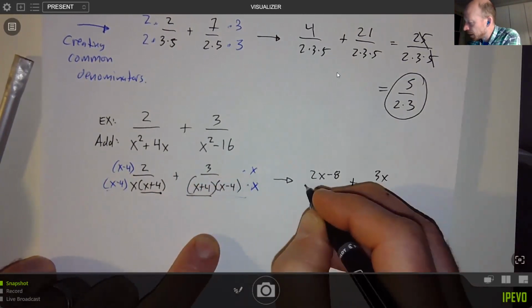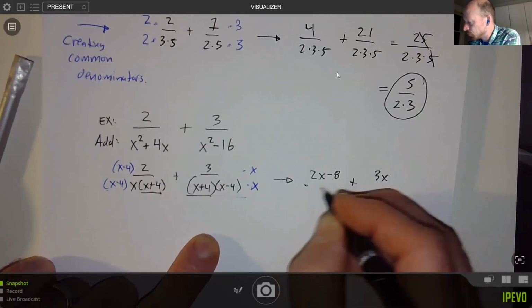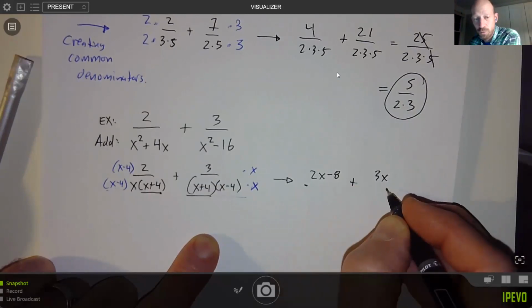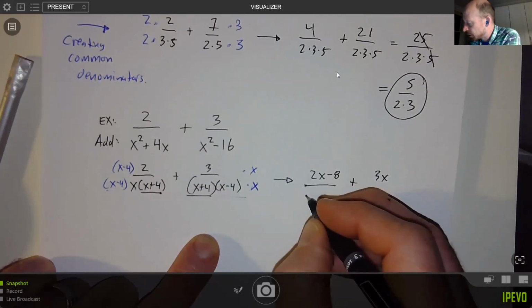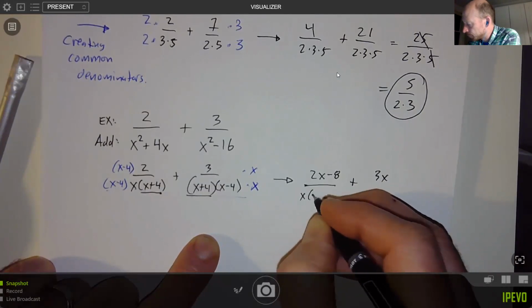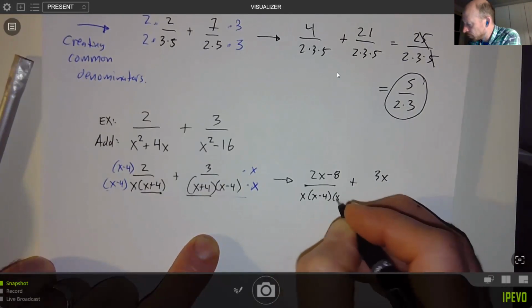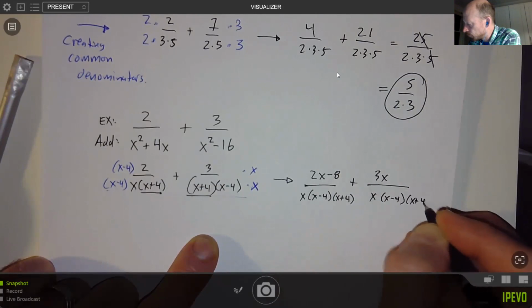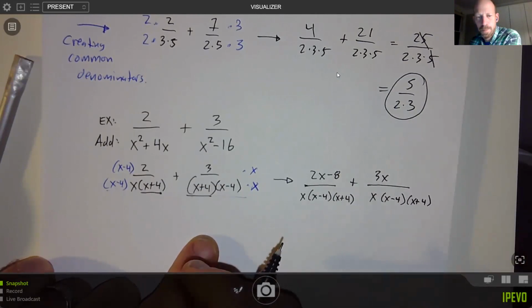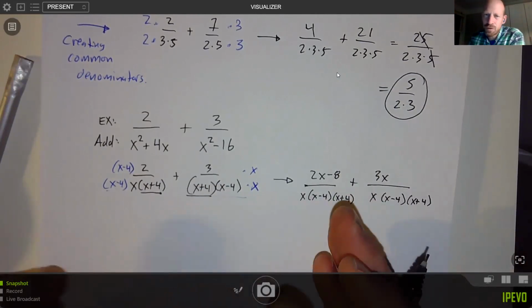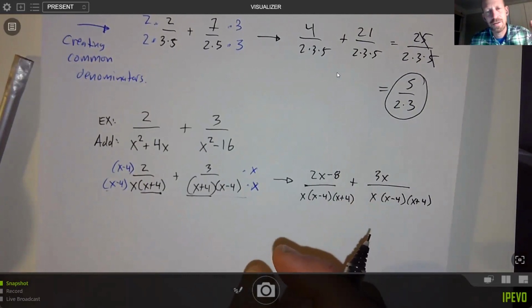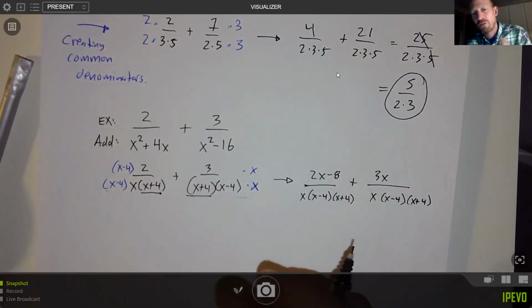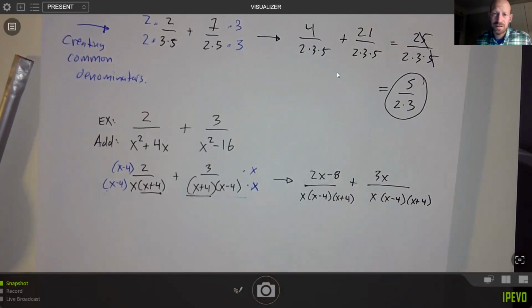And that. At this point, you could just put it all over the one denominator, but maybe it helps here to write these out all the way. I just reorder them because I like to put the single terms in the front and the binomials in the back, but it doesn't matter what order you write those in.